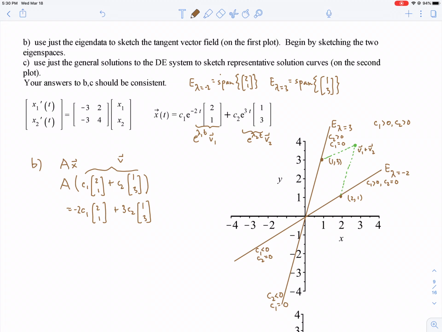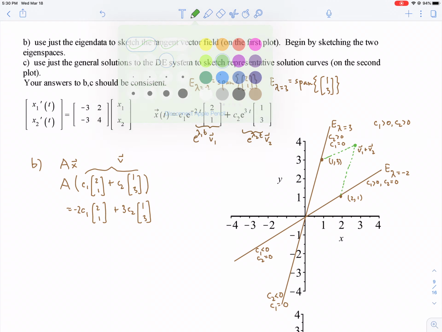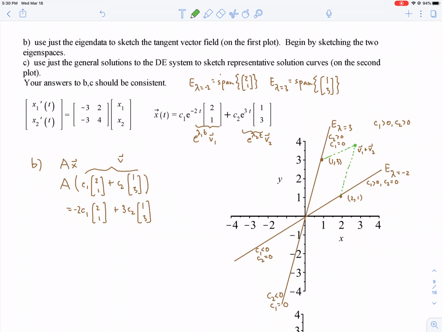Let's fill in the tangent field along the eigenspaces first. So, for example, at (2, 1), the weight of that with respect to my eigenbasis is (1, 0), because I have 1 times (2, 1) and 0 times (1, 3).